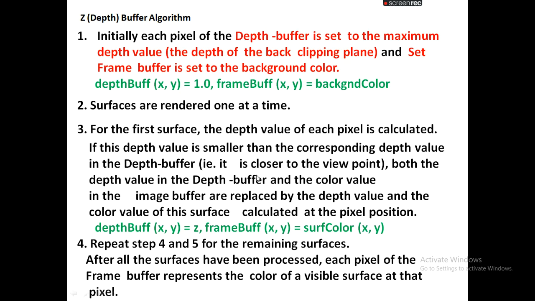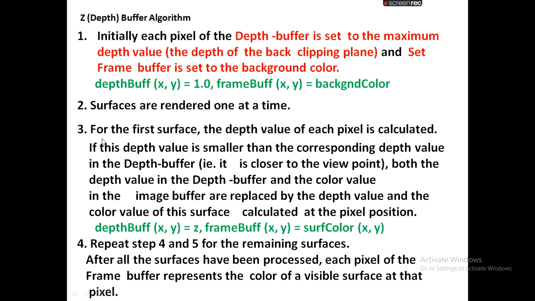Now we completed step 3. The outcome of step 3 is that when processing surface S1, the surface S1 Z value is updated for those pixels in the depth buffer, and the surface S1 color is assigned in the frame buffer wherever the pixel information belongs to surface S1.